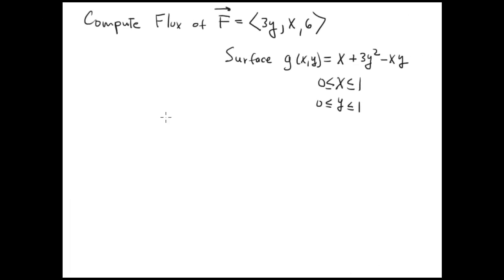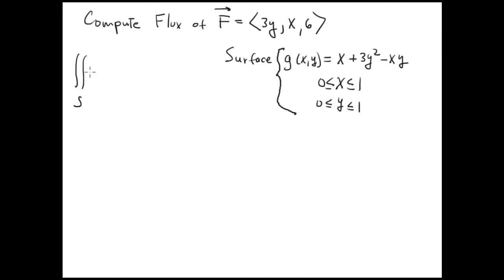Okay, again, compute the flux of this vector field on this surface. It's obvious that the best way is the graph parametrization, no? And the formula, I want to copy the formula again.